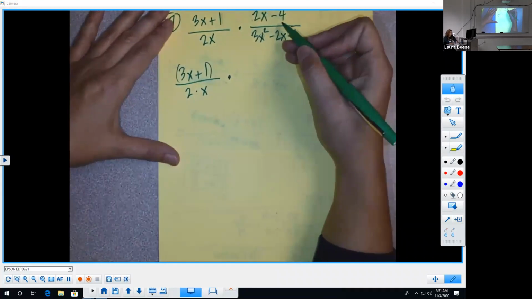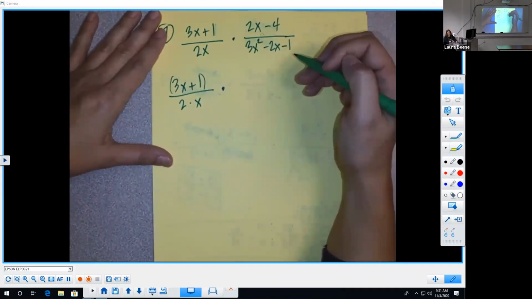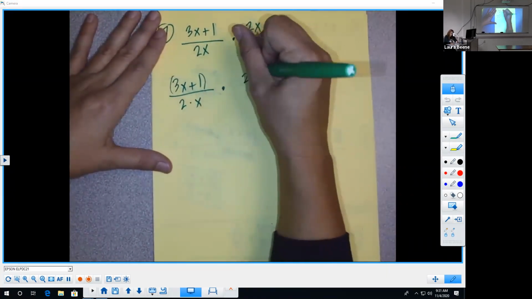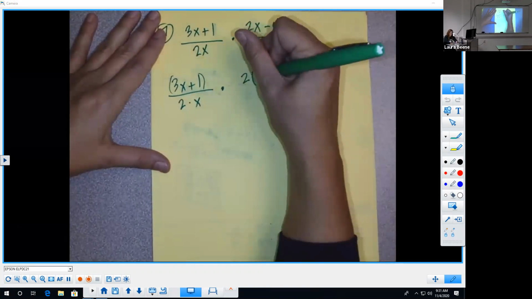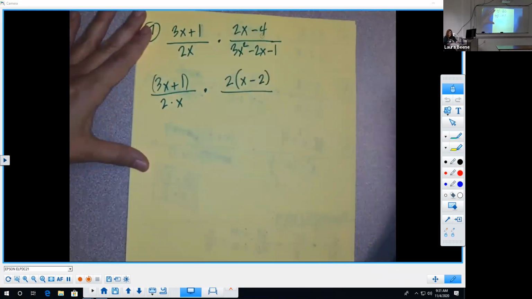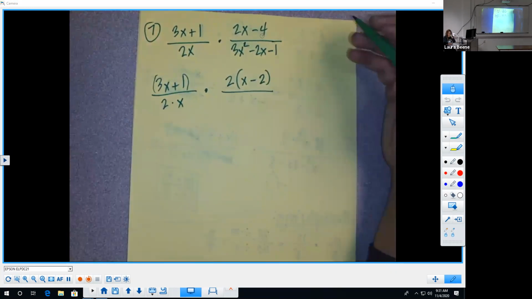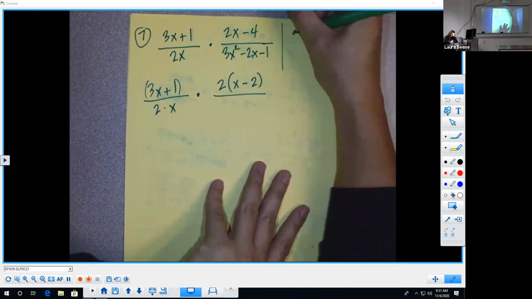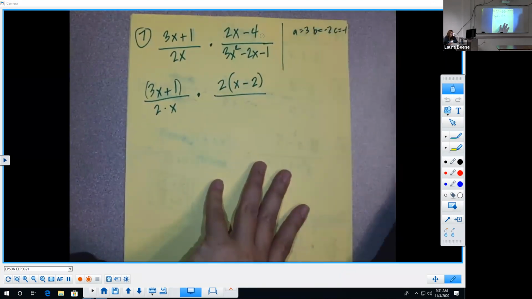Look at the top of the second one, 2x minus 4. Can I factor that at all? You can take out a 2, right? As a greatest common factor of a 2. When I take out a 2, what's left over? X minus 2. And on bottom, 3x squared minus 2x minus 1. How do I factor that? AC method. So I'm going to come over here on the side. A is 3, B is -2, C is -1.